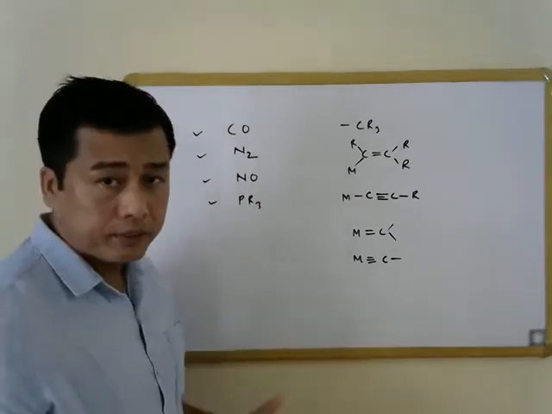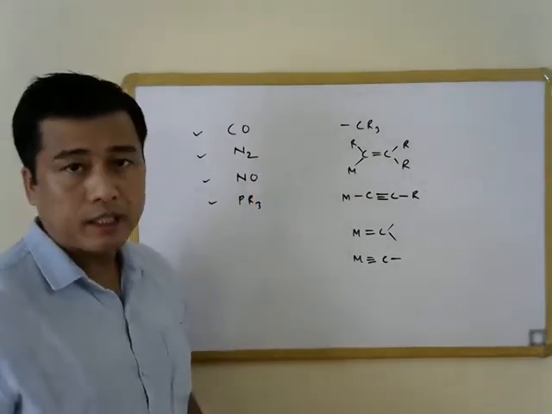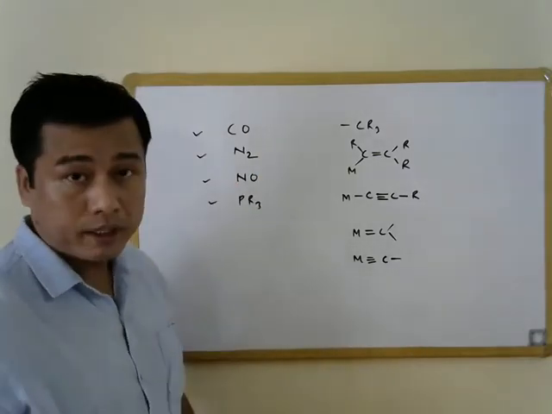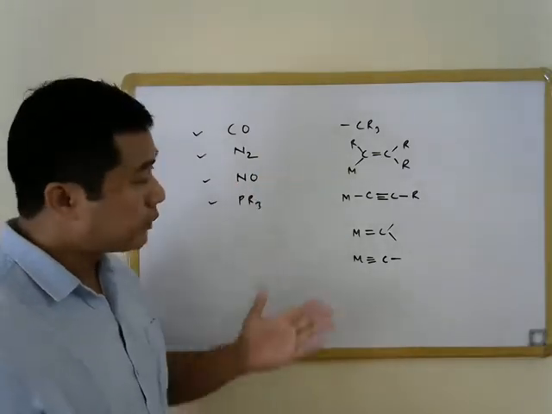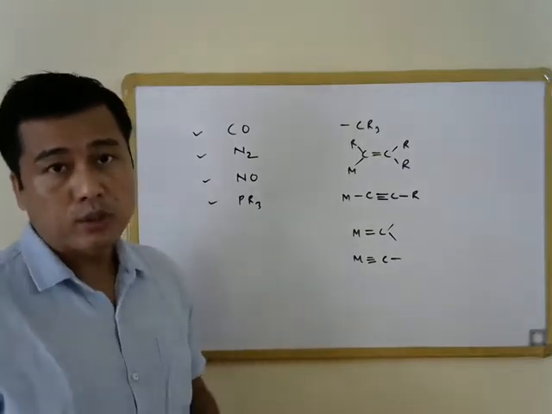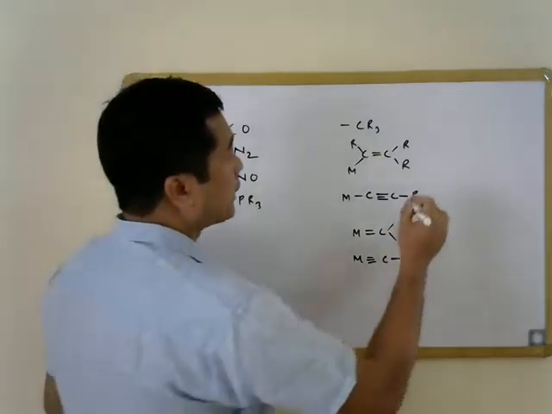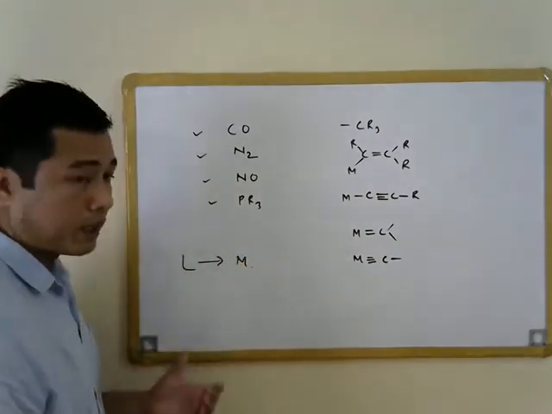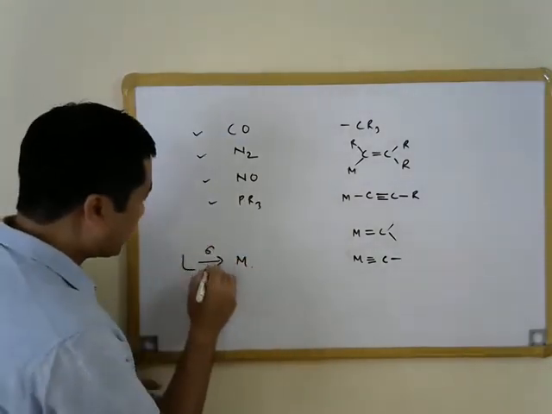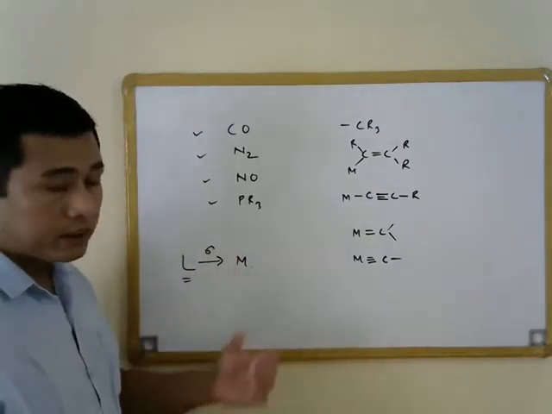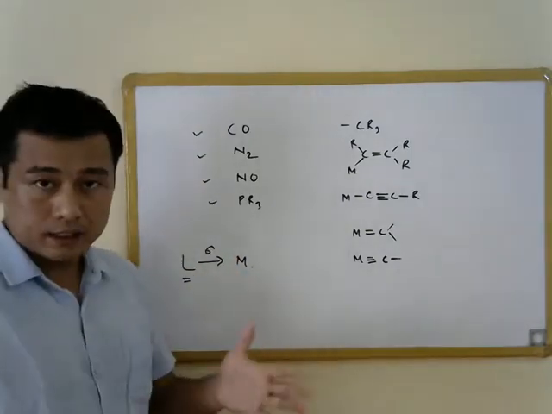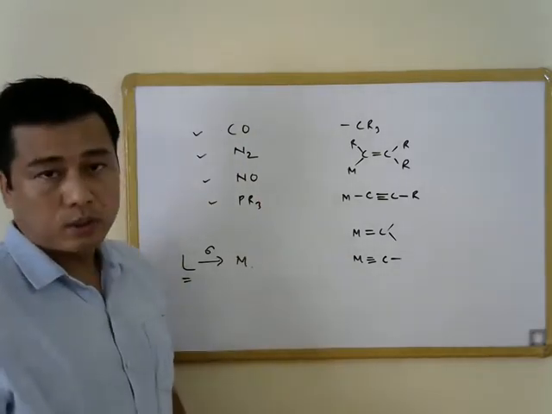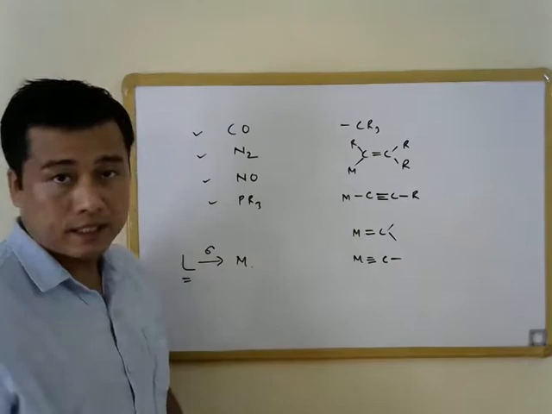In case of all of these ligands, a sigma type orbital is involved in ligand to metal electron donation, and this again forms a sigma bond in the complexes formed by these ligands.